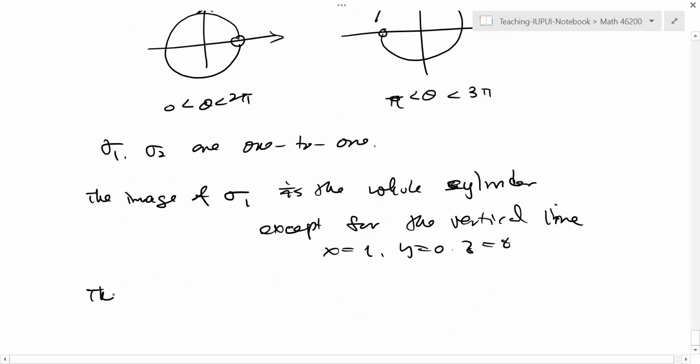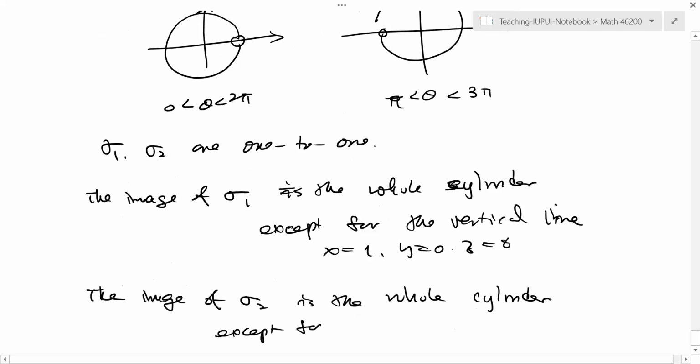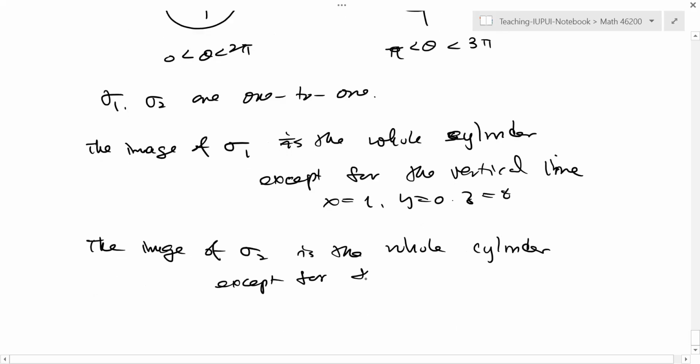Then similarly, the image of sigma 2 is the whole cylinder except for the vertical line x equals -1, y equals 0, z equals t.